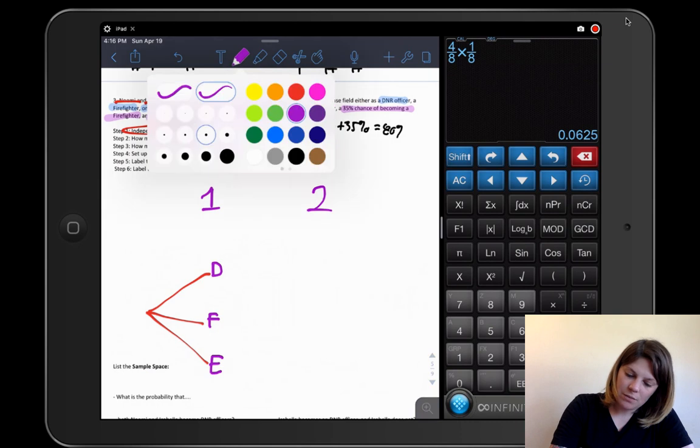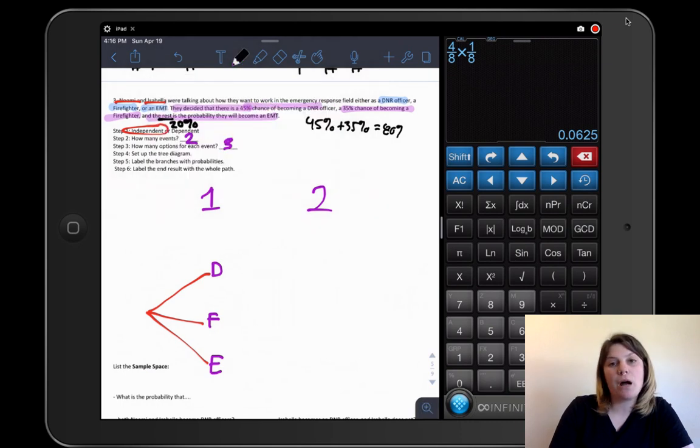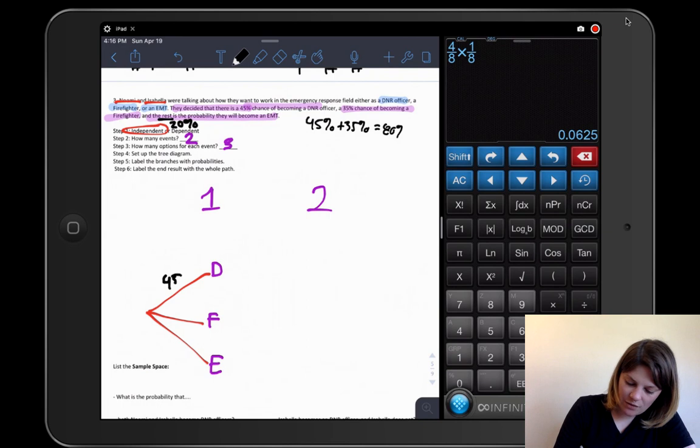Now, this is going to really help you when you're finding your probabilities. When you're given a percent, I could write my percent as a fraction. So I could say that this is 45 out of 100. And I could say that this is 35 out of 100. And then I could say that this is 20 out of 100.